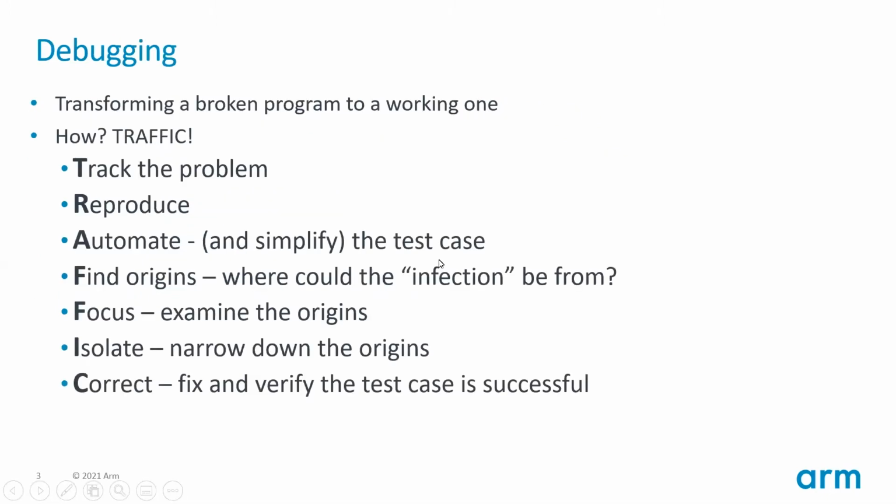So first off, debugging. Debugging is really the art of transforming a broken program into a working one. I have a little mnemonic device here called Traffic to help you think of ideas of how you would solve your problem. But the real takeaway from this slide is if you encounter a problem, it doesn't even have to be code, but in this case there's a problem in your code, you want to be able to break it down into as small a piece as possible that you can tackle.